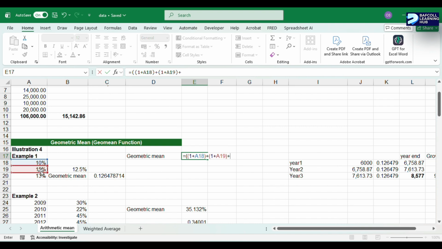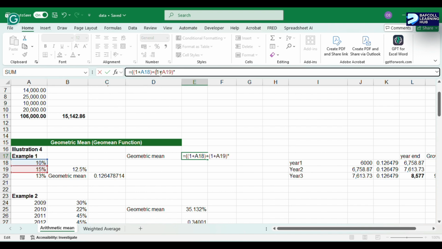Please remember it's multiplication, not plus, into bracket 1 plus the 13%, bracket close. Then raised to the power.